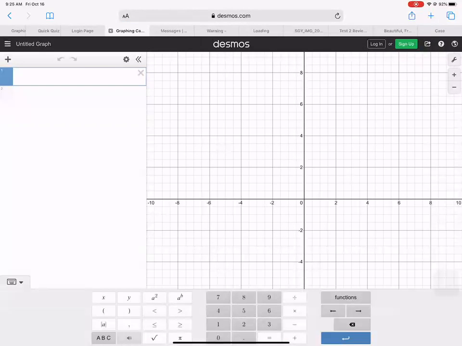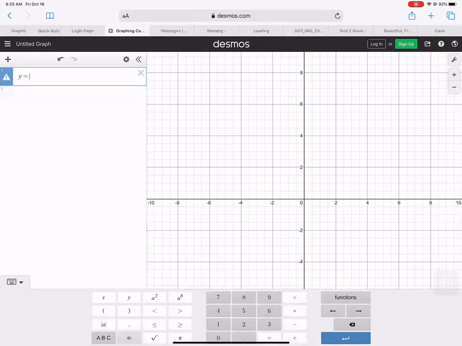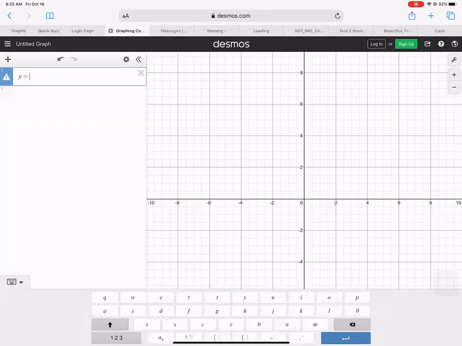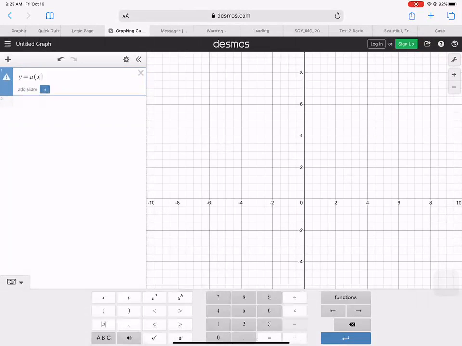So I'm going to write y equals, we'll stick a letter a here, a(x minus 1) squared plus 1.